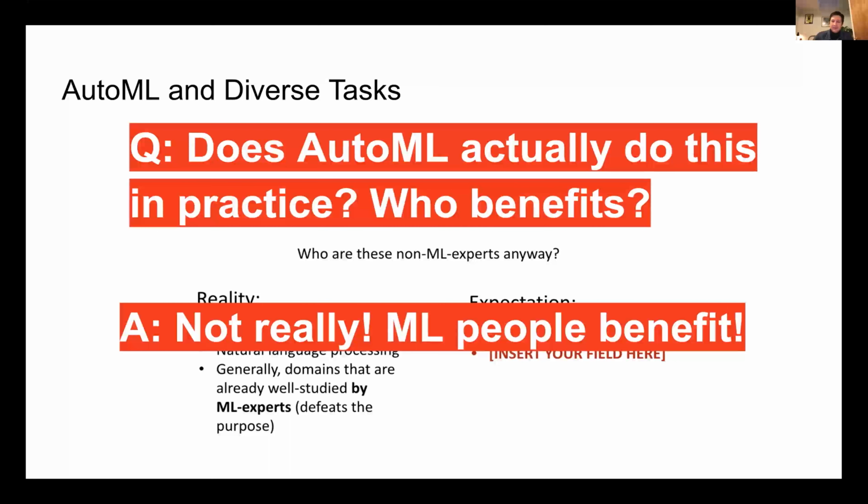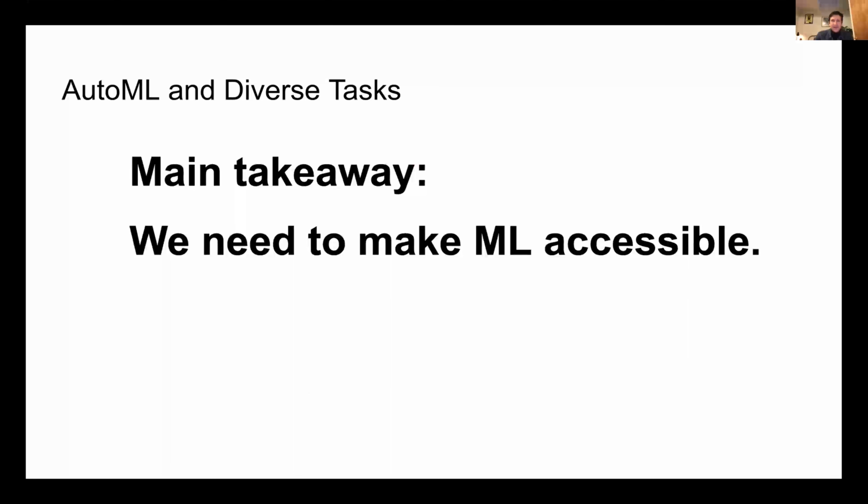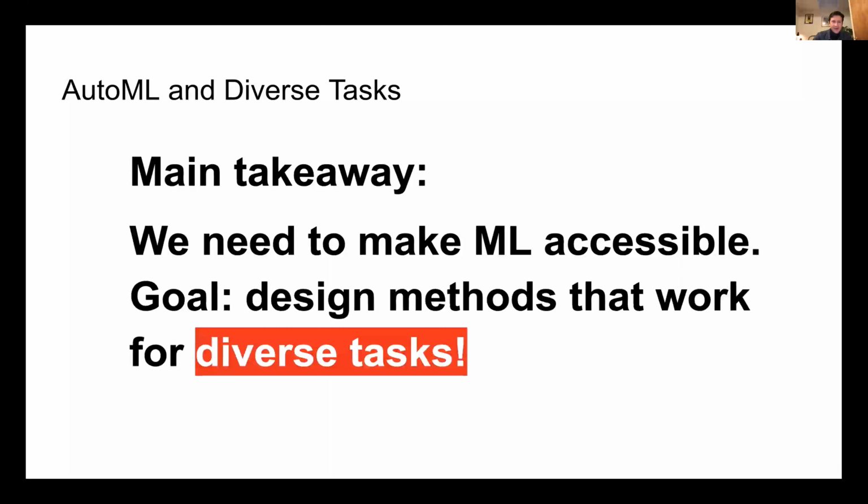Mostly machine learning people benefit. So the main takeaway that I wanted to convince you all of is that we need to make machine learning more accessible. And congratulations, you're already helping to do that by learning about AutoML. But this is the next step. We need to make AutoML more accessible in particular.